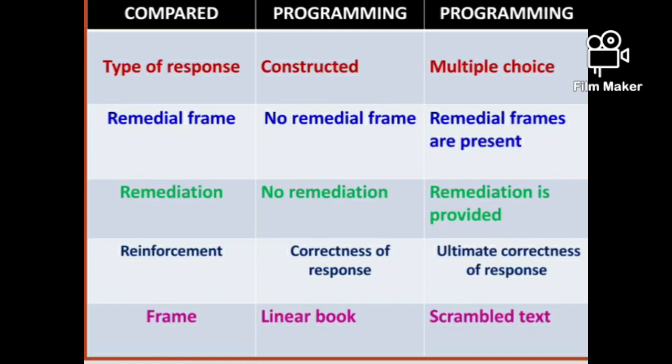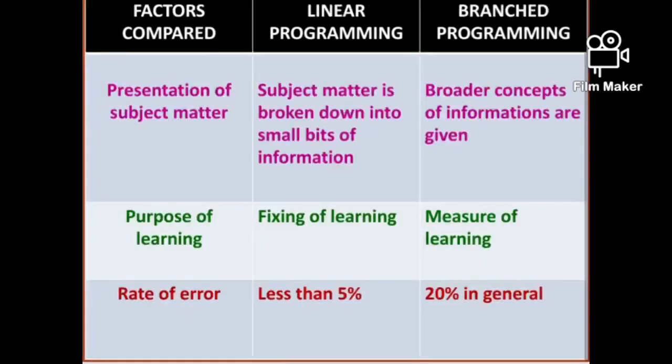In linear programming, reinforcement is given for correctness of response. In branched programming, ultimate correctness of response is reinforced. The frame is a linear book for linear programming, whereas it is scrambled text for branched programming. In linear programming, the subject matter is broken down into small bits of information.